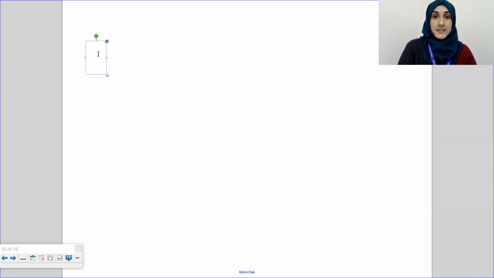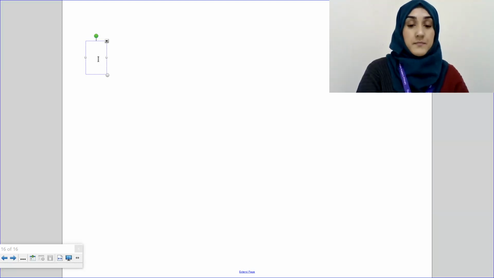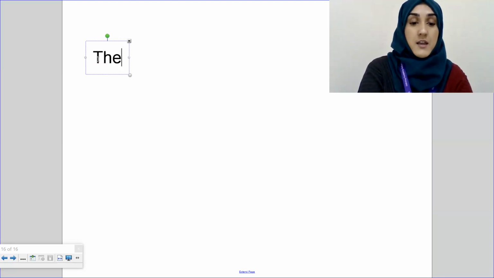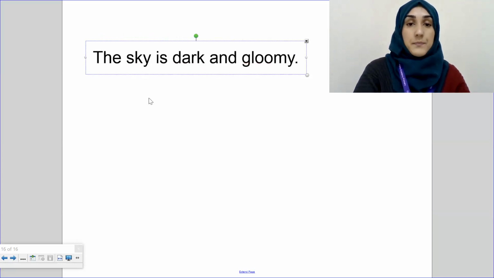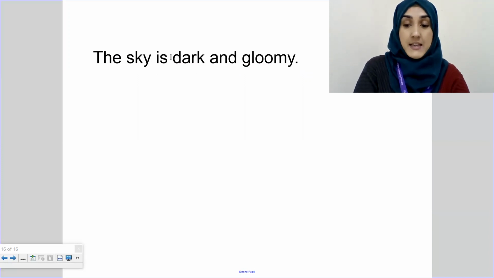So if I were to write the sentence, I'm going to choose the sentence. Ready? Right. I'm going to say, the sky is dark and gloomy. Now, which word in my sentence tells us that it is in the present tense?